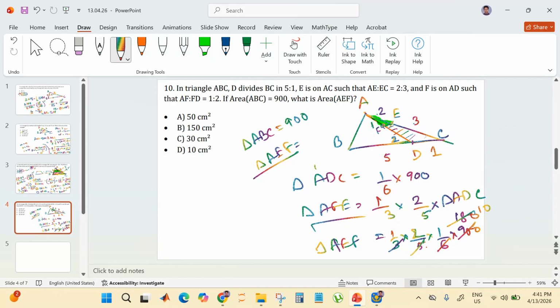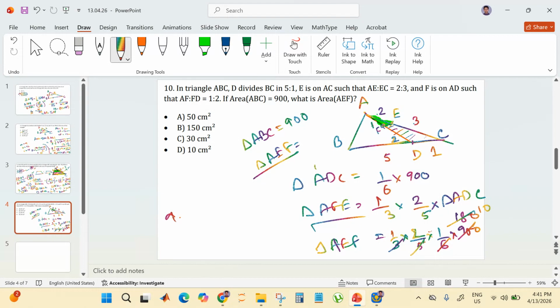Okay, again you have to find 5 into 18, 180, right? It is 10, it is 20. AEF is 1/3 into 2/5 into 1/6 of 900. I think it is 20.